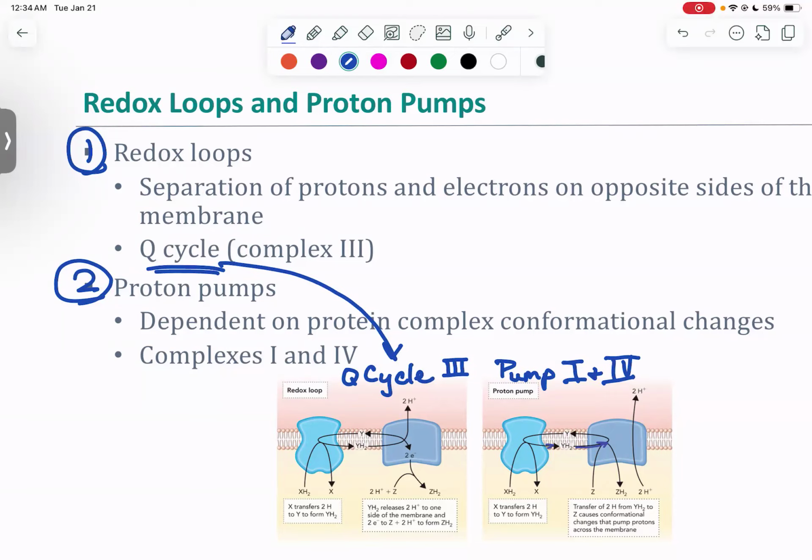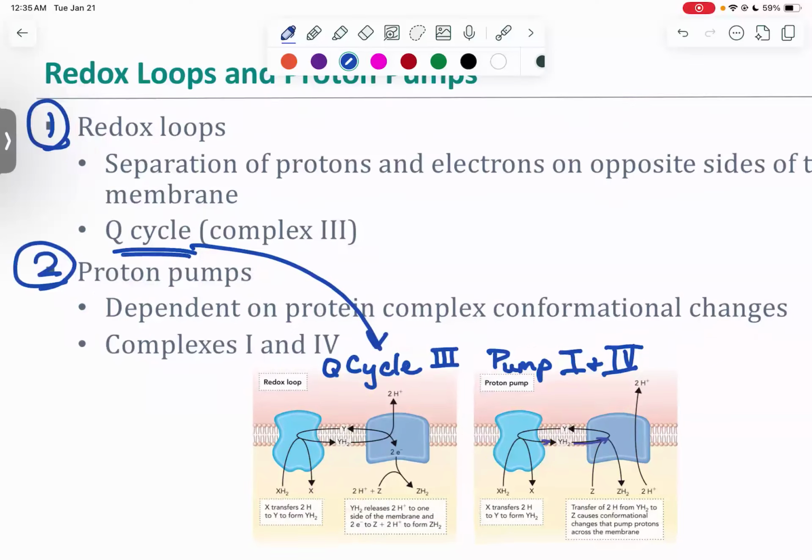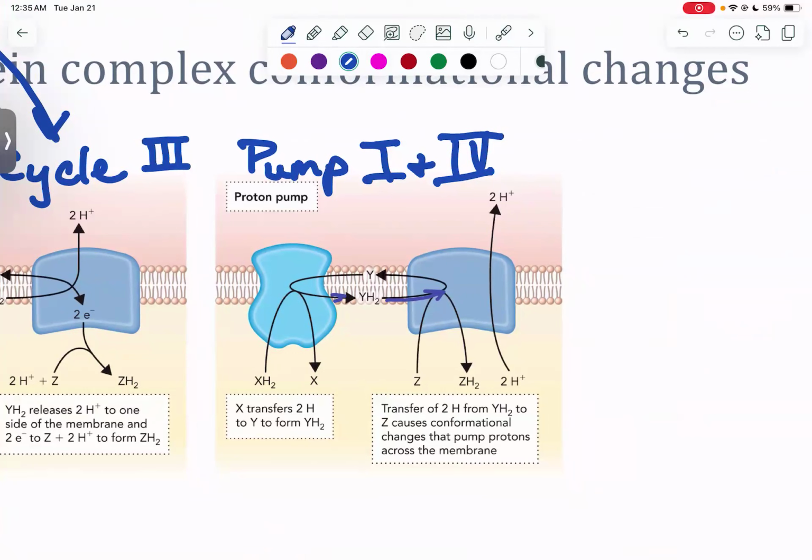The second one is a proton pump. So this one you're probably a little bit more familiar with, because it depends on protein conformational changes, right? We know that the pKa values of our amino acids, right? Those are functional groups. And when the protonation state changes, we know that we can have an induced conformational change. So this is what we think is happening in 1 and 4, where 1 is the NADH ubiquinone oxidoreductase, and then 4 is the cytochrome C oxidase. And so what actually happens is that those two protons are transferred, right?